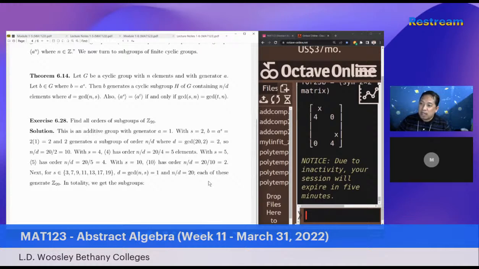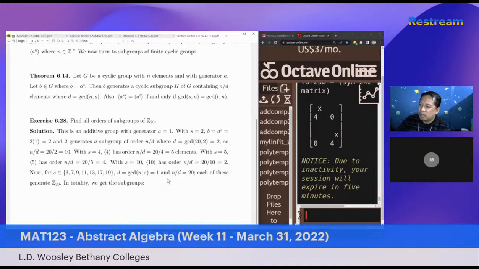And b is equal to a raised to s, such that 2 times 1 is equal to 2, and 2 generates a subgroup of order n over d. So d is equal to the greatest common divisor of 20 and 2, which is 2, so numerator over denominator, 20 over 2, is 10.